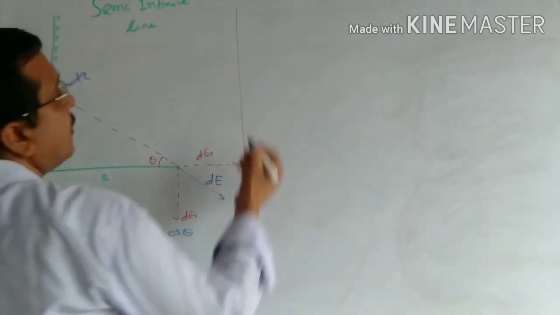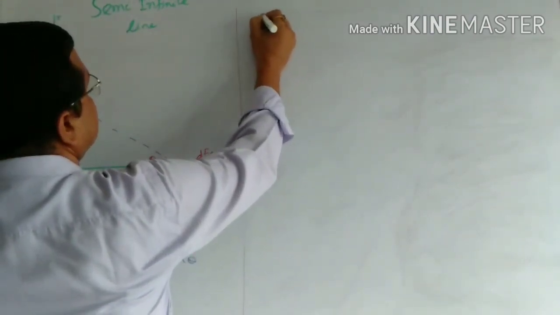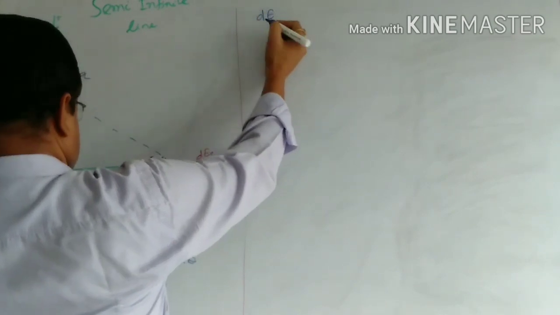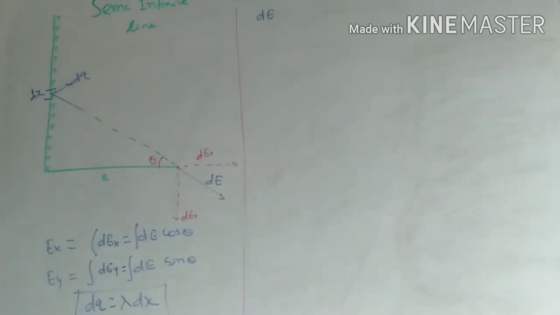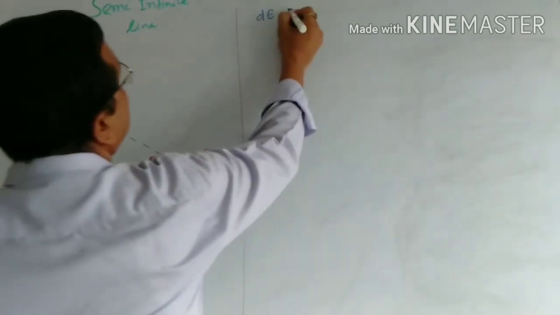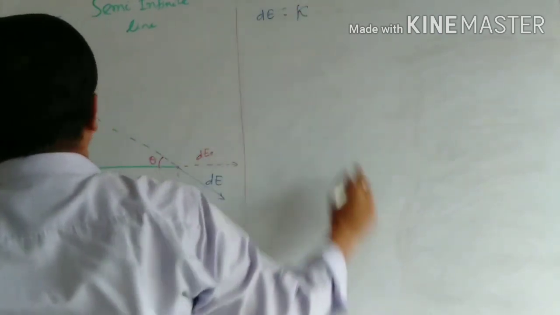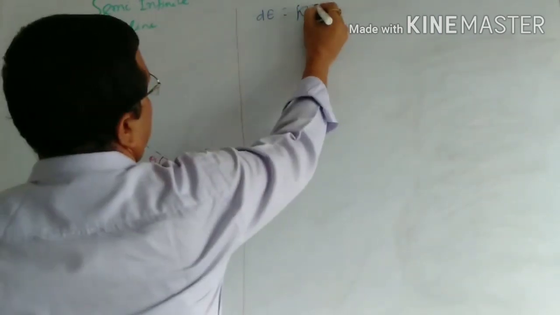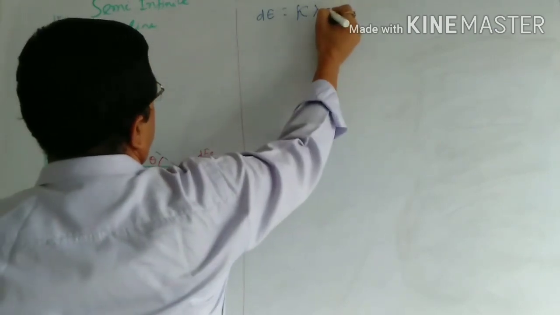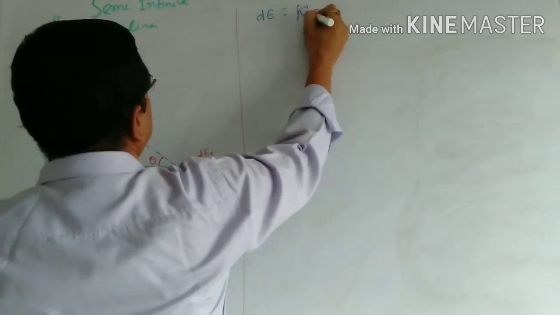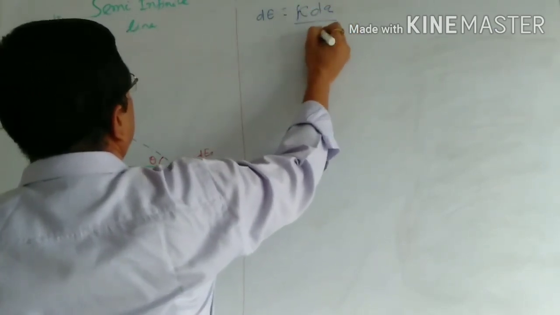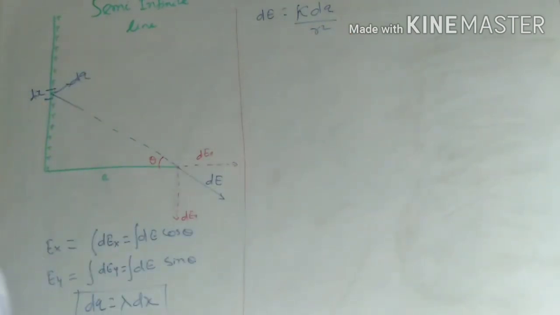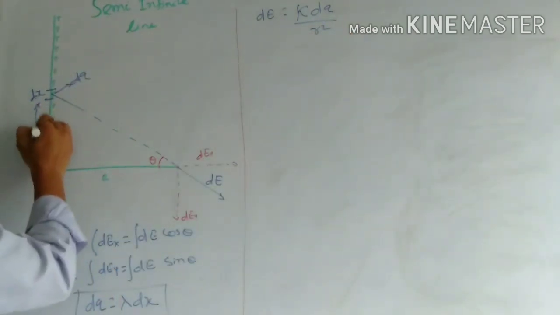Now see, dE means what? dE means k dq by r square. What is r?